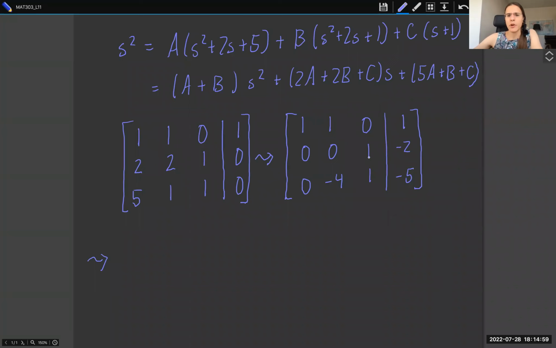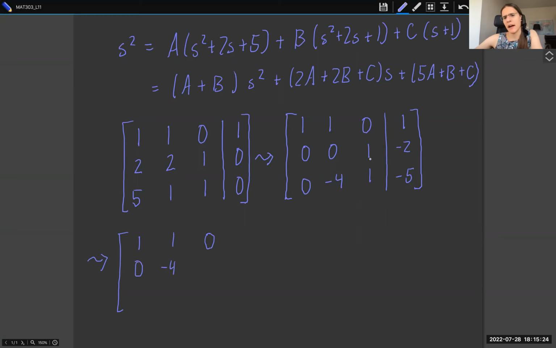So now I'm going to clear up this entry. I guess that's the only thing that I'm going to do. I may as well also rearrange the rows. Okay, so if I take this -4 row, I'm going to rearrange it.